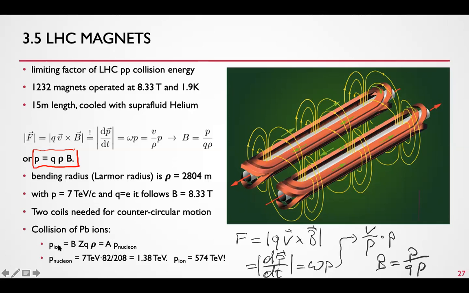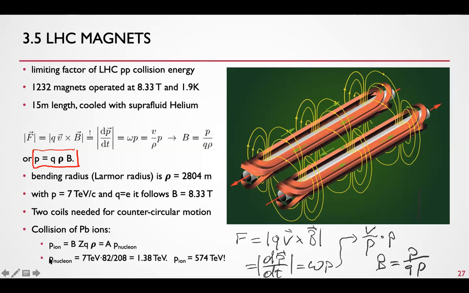So we get an achievable momentum with a factor of the charge, because that's what helps us. Then this momentum is distributed among the whole nucleus, including the neutrons, because the difference between the charge and the mass number is the number of neutrons.